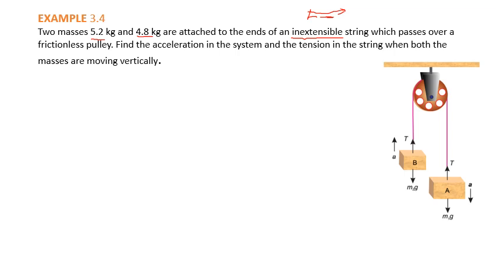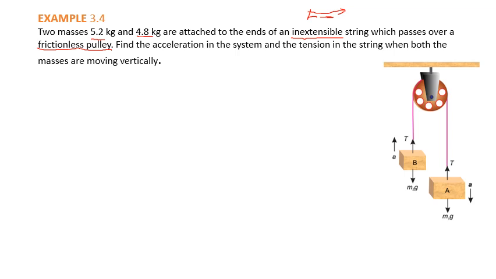In case of rubber, if we apply force, the length increases, but this string will be of such material whose length will never increase with the application of forces. Similarly, another most important assumption, frictionless pulley. Remember, over here there will be no friction. We will discuss in much detail what friction is, but over here you have to just remember that the pulley must be frictionless.